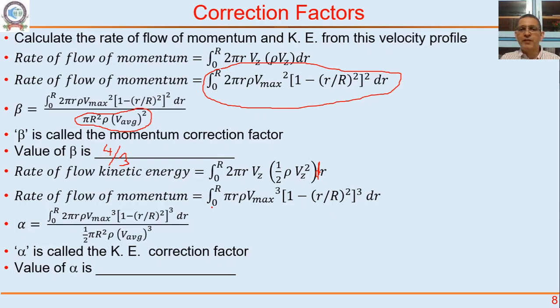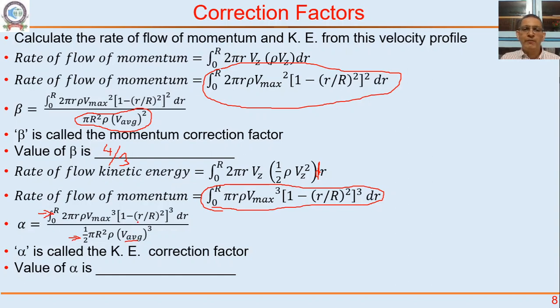Solve this for yourself. Find the value for yourself. And remember, you can always substitute V max is 2 times V average. Again, we can define a kinetic energy correction factor, actual rate of flow of kinetic energy divided by what we would have got had we considered only average velocity.